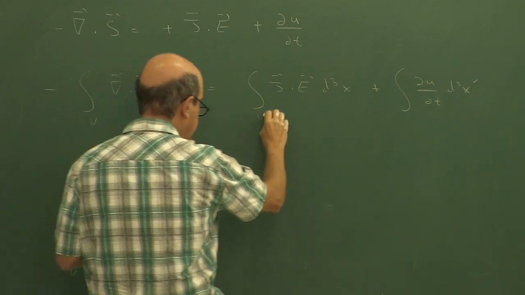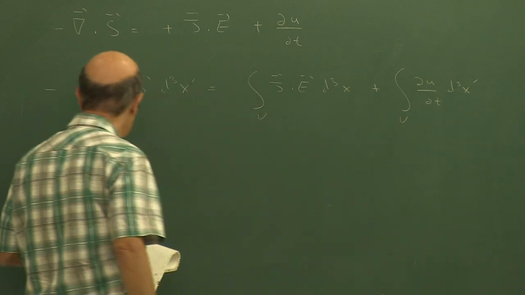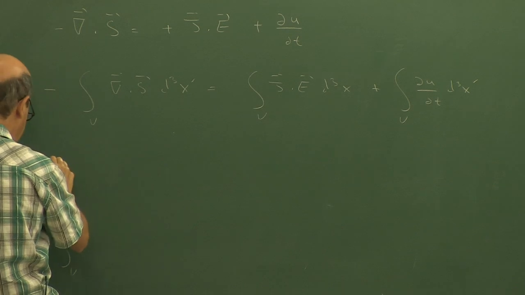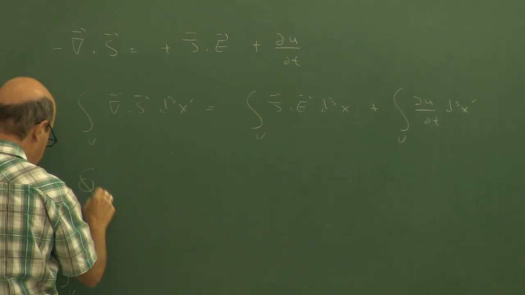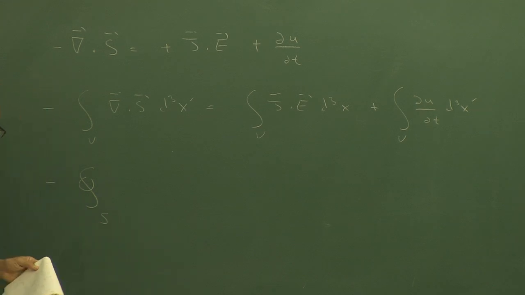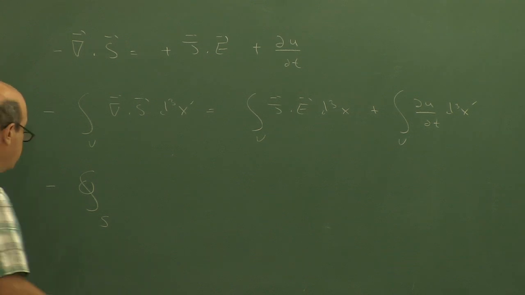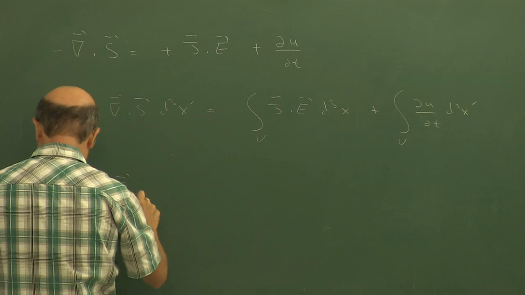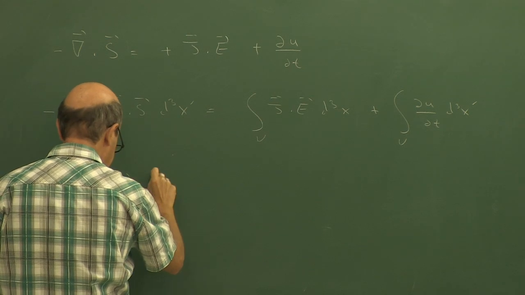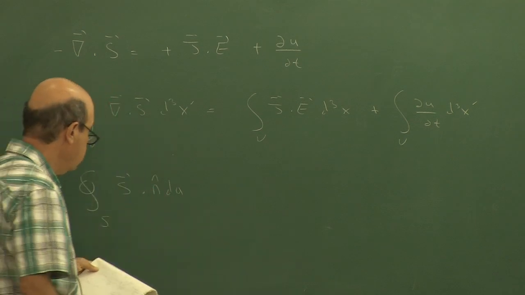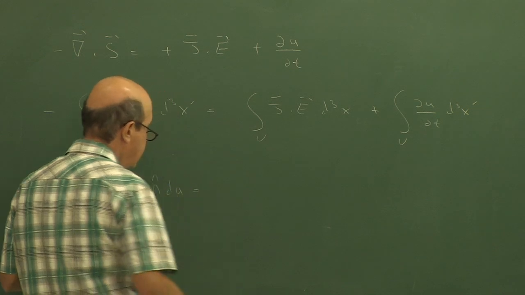They are all integrated through the same volume, and from the divergence theorem this turns into a surface integral. What kind of surface? The surface of the closed volume. We choose S dot dA. And go to the right hand side.